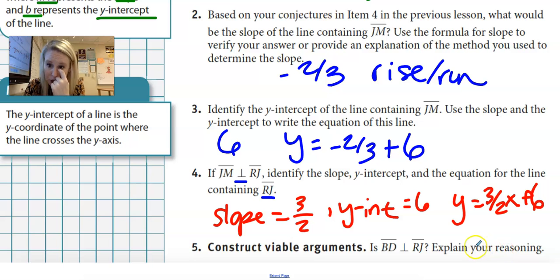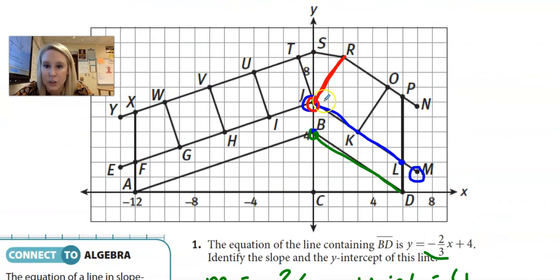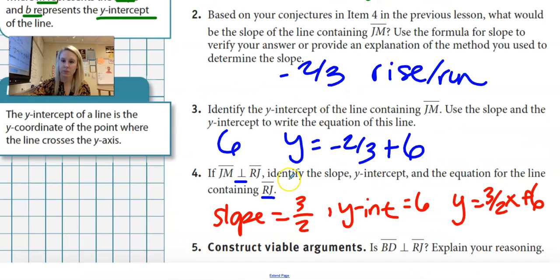And then determine if it is perpendicular, explain your reasoning. So let's go back up to our graph. So if I wanted to physically do this slope as well, let's see, it went up 1, 2, 3, and it went over 2.